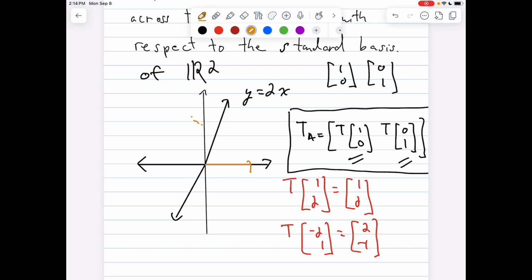When you're reflecting something across the line, the head of my vector and the head of the image are connected by a line which is perpendicular to the line. That's what a reflection is; if you look at the definition of reflection, we have that property.